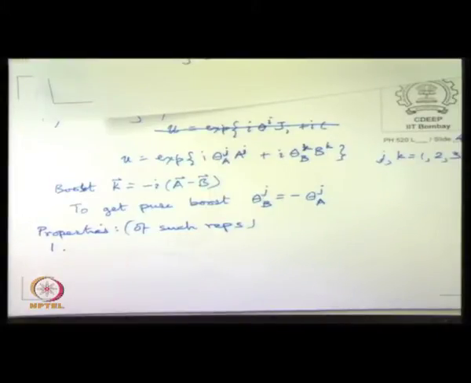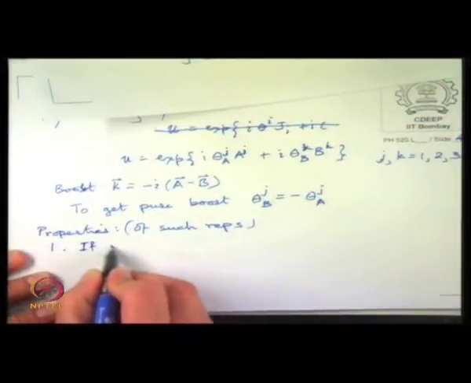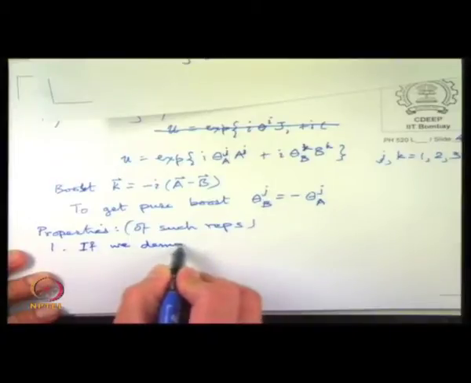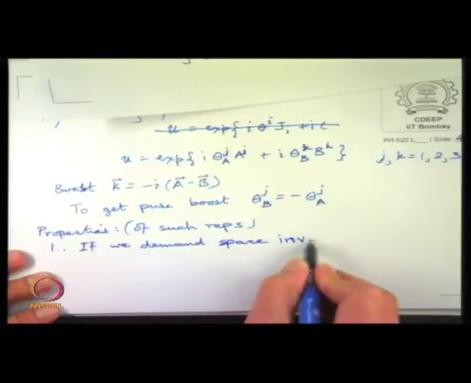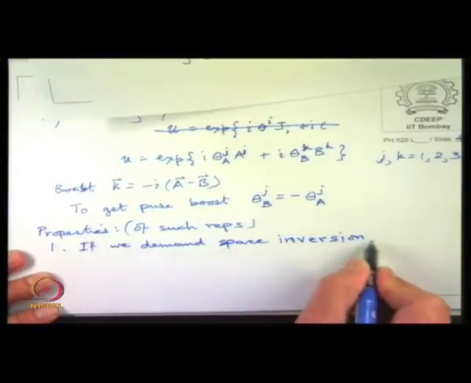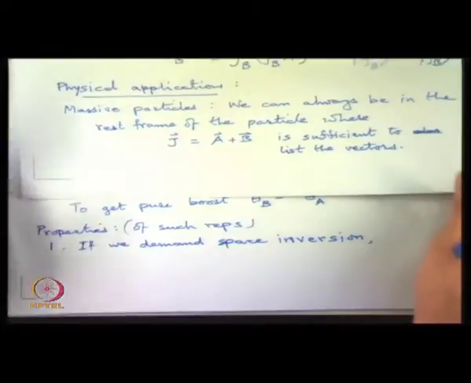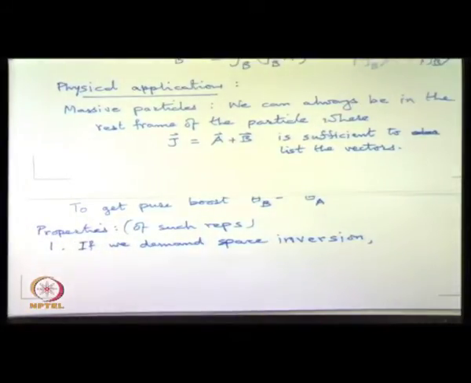If you want space inversion to be part of our symmetries, then we can see that under space inversion, J goes to itself. J is a pseudo vector, remember? So it is like xy rotation. But if you flip the sign of both x and y, then it will not change.